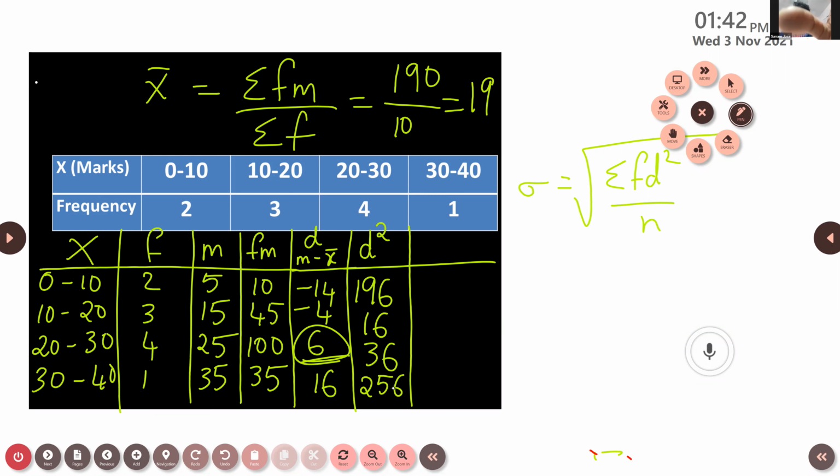What should be the next column now? Pranav. FD square. Okay, so this is FD square. So what you have to do? F is given, D square you have, F into D square.